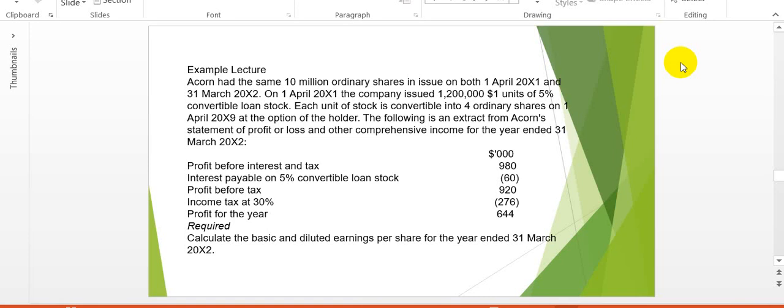Convertible simply means that the holder can continue receiving interest until the loan stock matures, and then in the final year they receive the interest and principal. But if they so wish, they may at a point of their choice convert the loan stock into shares so that they become shareholders.